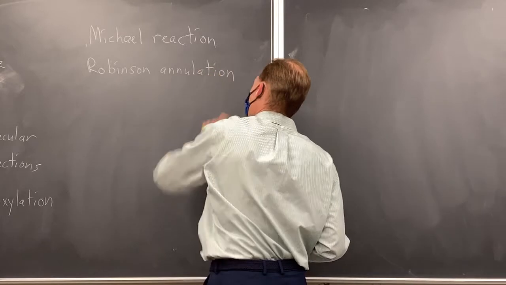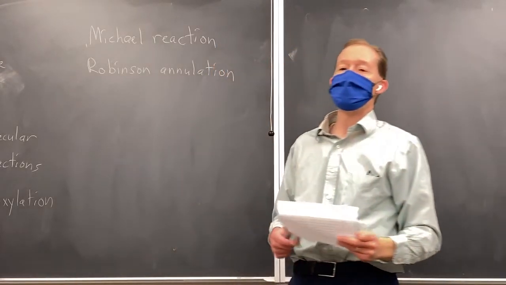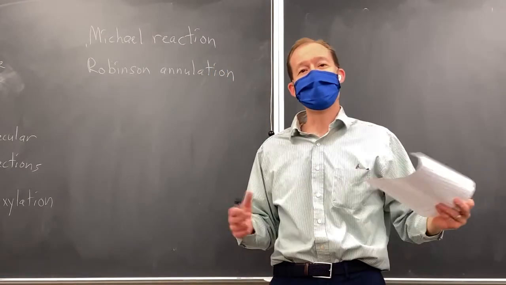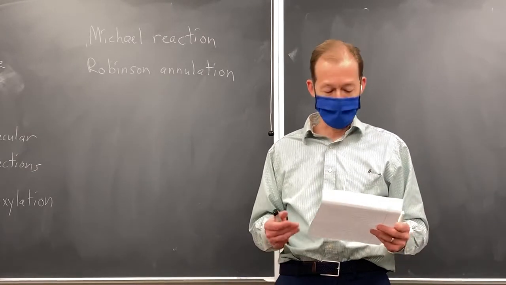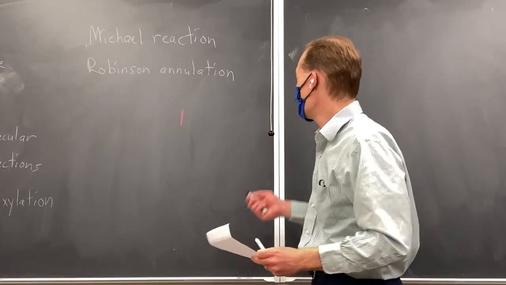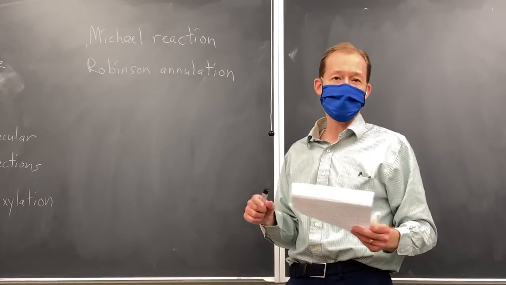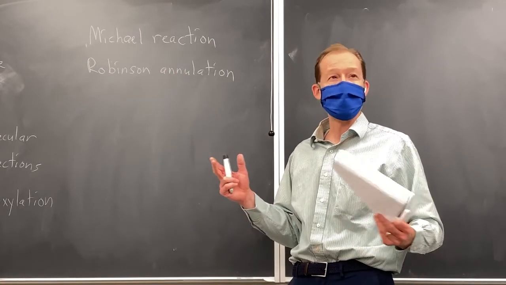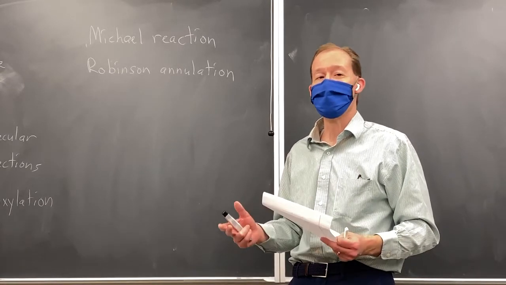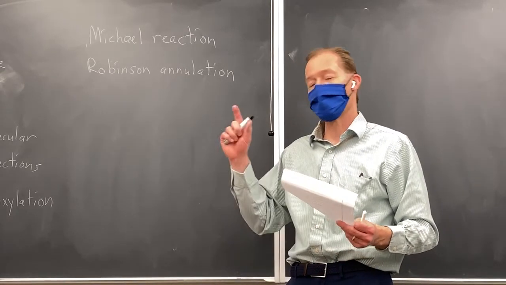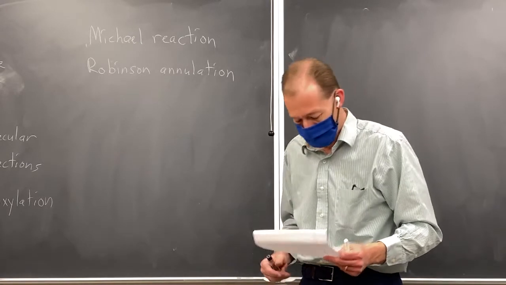And the Robinson annulation had nothing new in terms of the reactions and the steps involved, but it just combines a lot of processes. Annulation means ring-forming reaction. So we form a six-membered ring, specifically a cyclohexenone, six-membered ring with a carbonyl and a double bond.